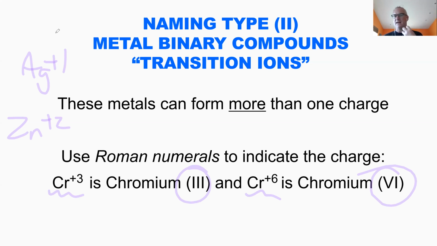You have to tell me, because if I'm doing a reaction and I need very specifically chromium 6 chloride, and you bring me chromium 3 chloride, that's not going to work in the reaction I'm doing. So you need to be extremely specific about what particular compound it is.